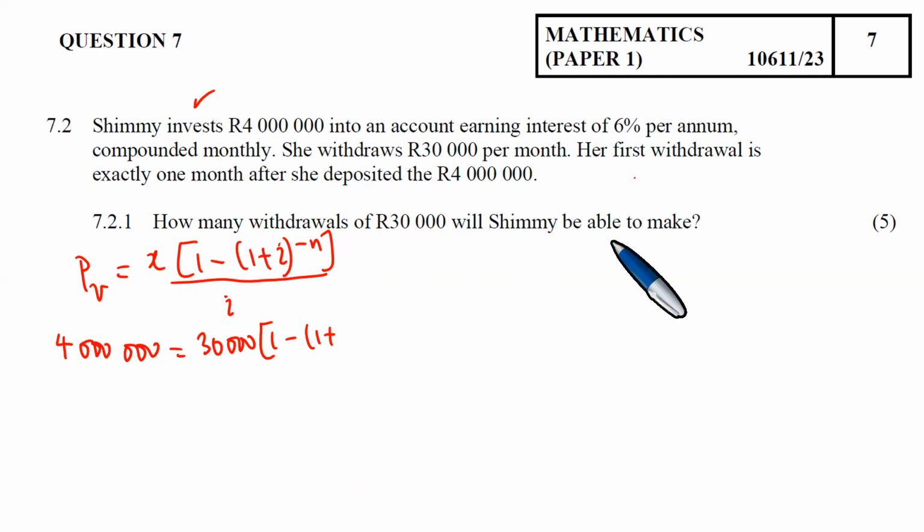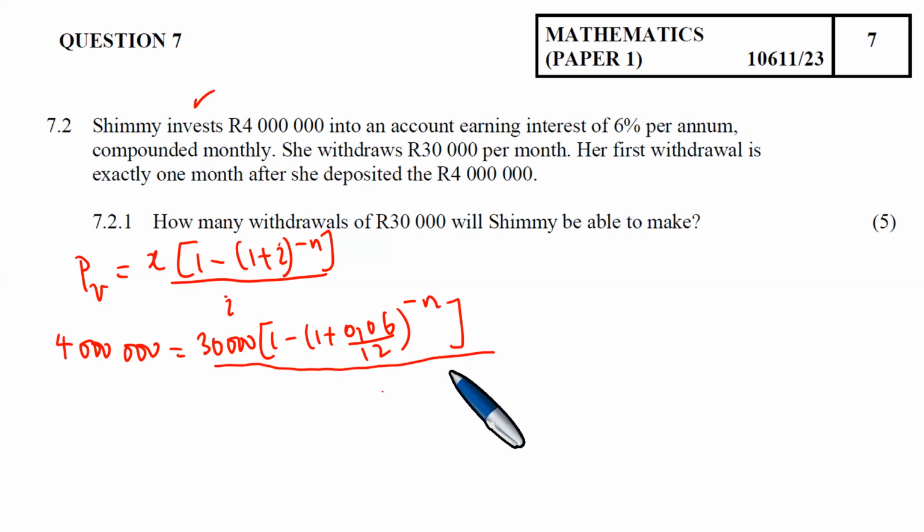So 6 divided by 100 is 0.06, and because it's monthly, you divide by 12. You can raise it to the power n, or you can multiply this n by 12 as well. Then you divide by 0.06 divided by 12.